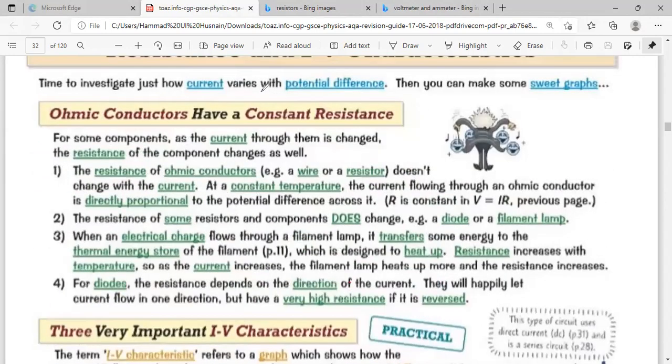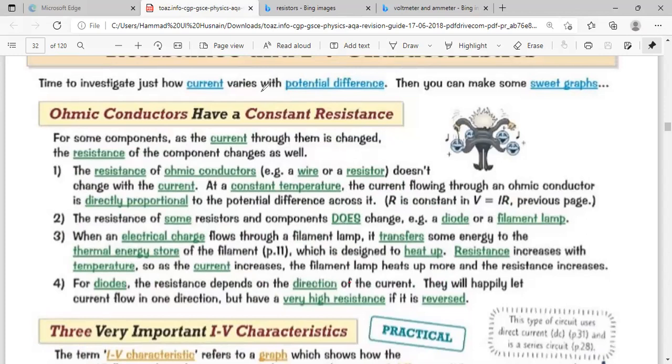Okay, so when an electrical charge flows through a filament lamp, what happens? Now it is telling us why the resistance is not the same. When an electrical charge flows through a filament lamp, it transfers some energy to the thermal energy store of the filament. You know that a filament bulb gets hot.